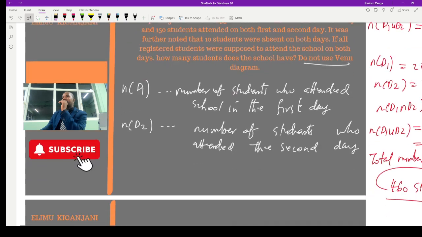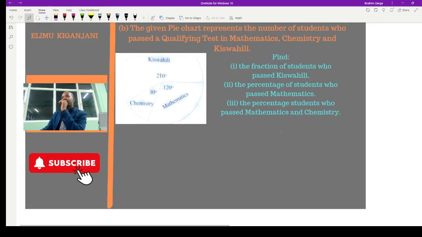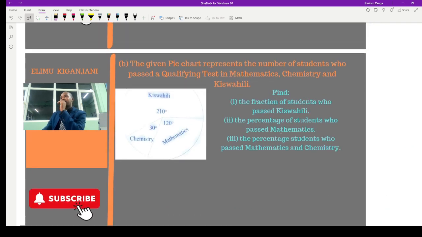Okay, jumping to 10B, the last part. The given pie chart represents the number of students who passed the qualifying test in mathematics, chemistry, and Kiswahili. Find the fraction of students who passed Kiswahili.